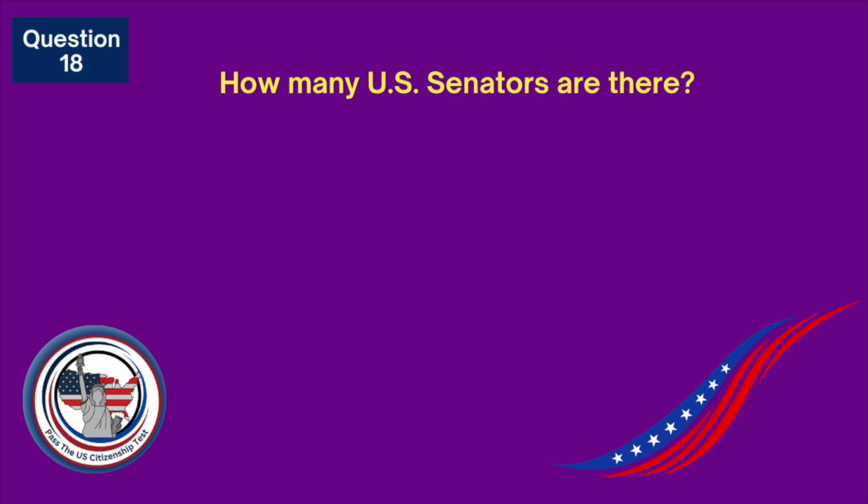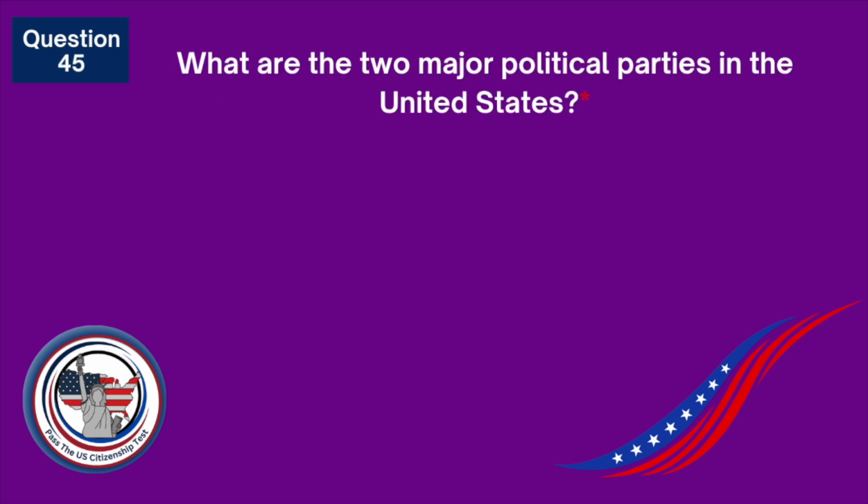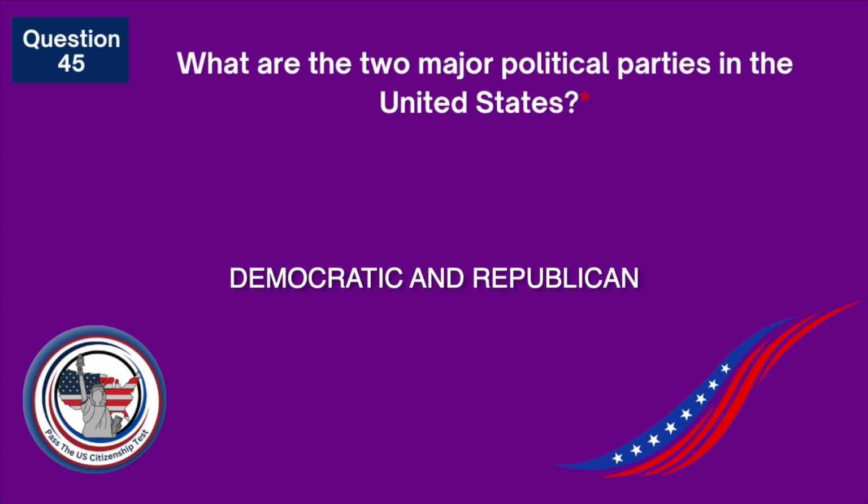How many U.S. senators are there? 100. What are the two major political parties in the United States? Democratic and Republican.